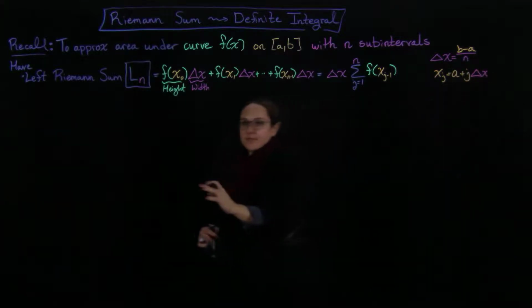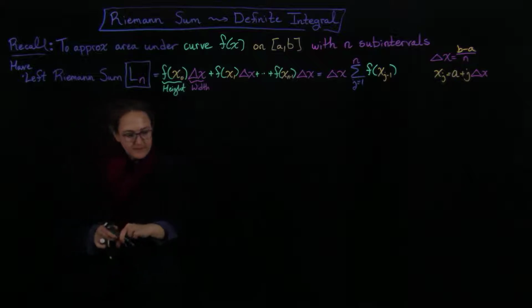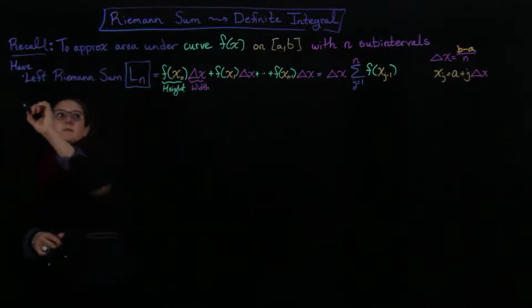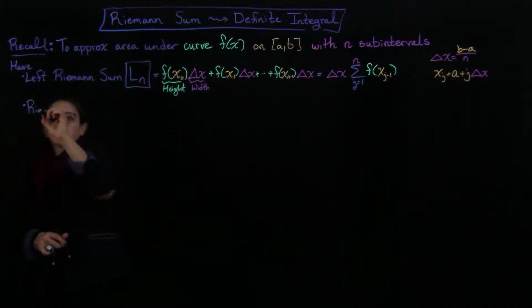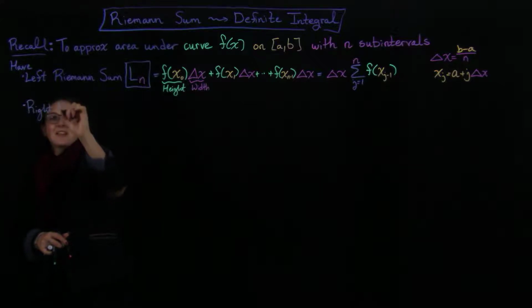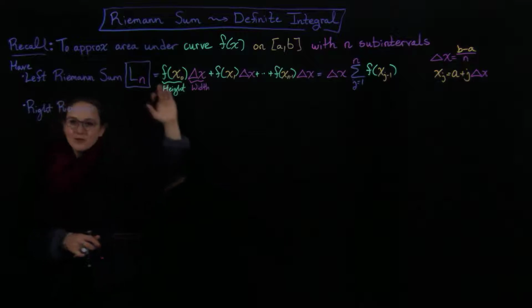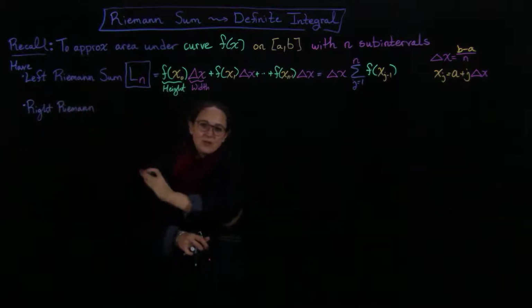Okay, so this was the left Riemann sum. We also had the right Riemann sum. It's called the right-hand one because it has to do with whether we're looking at the function at the right endpoint or left endpoint of the intervals.